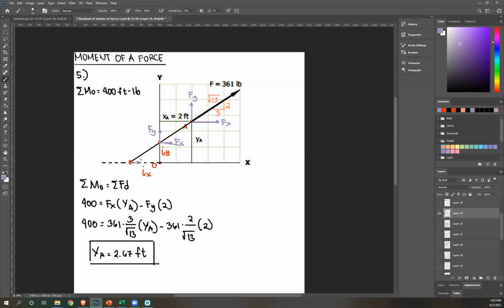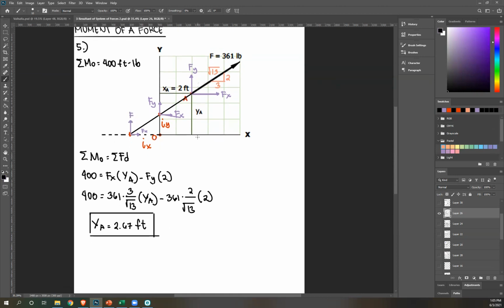Same thing, FX, FY. Alright. And then we're gonna use moment about O using those two components. Let's begin.